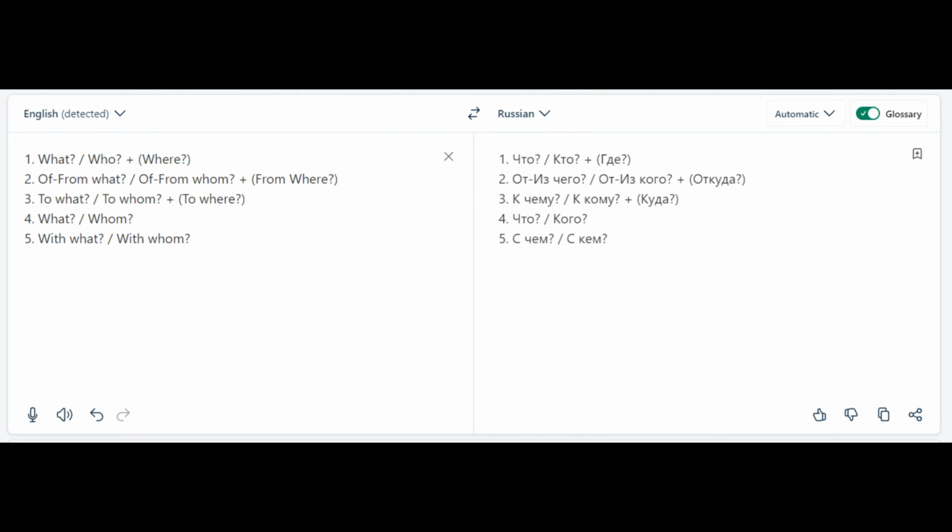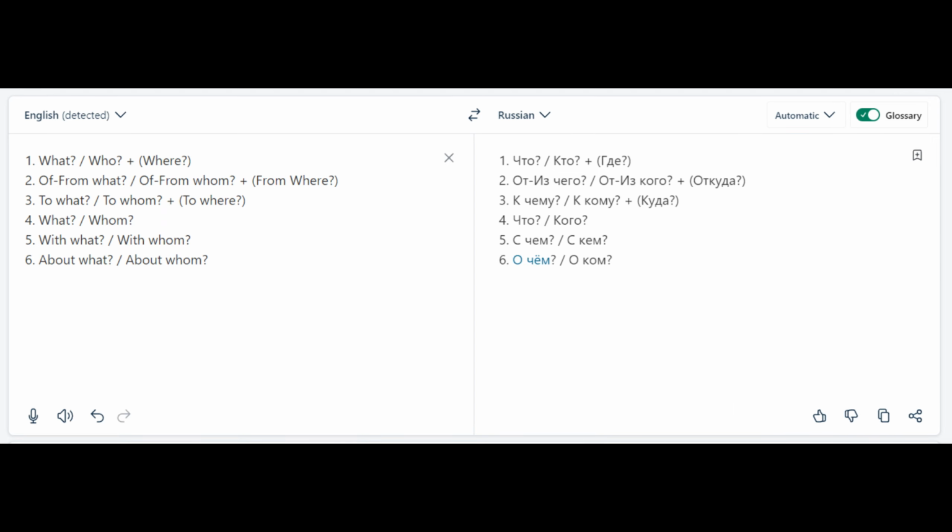In the instrumental, we have with what and with whom, and in Russian, the words are с чем and с кем. In the prepositional, we have about what and about whom, and in Russian, the words are о чем and о ком.